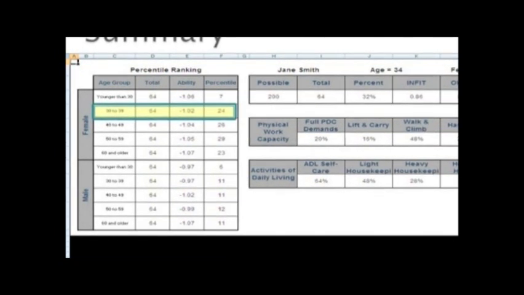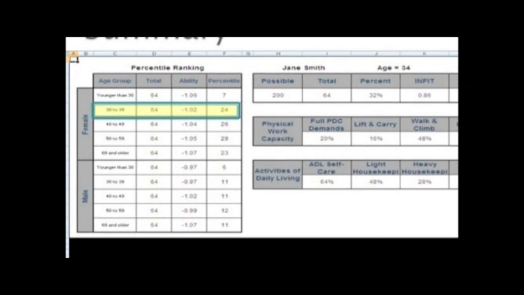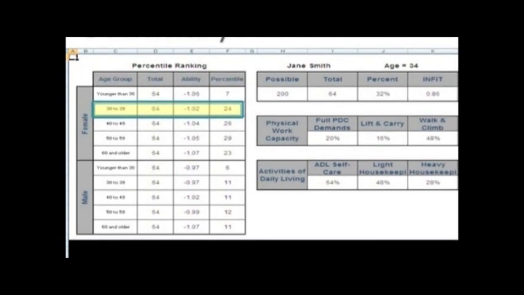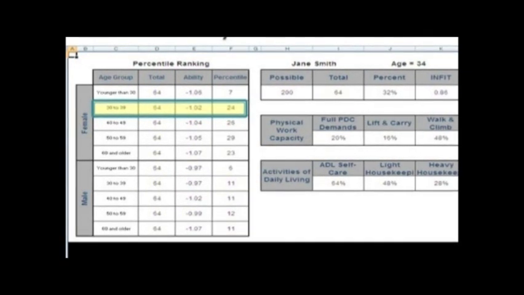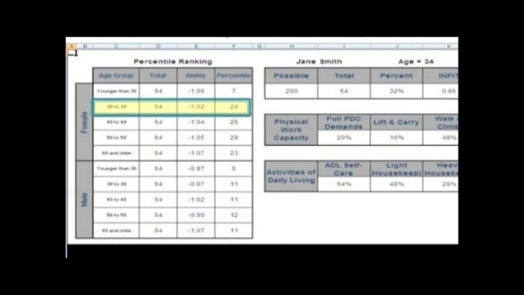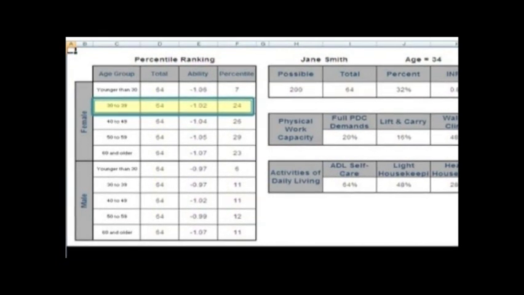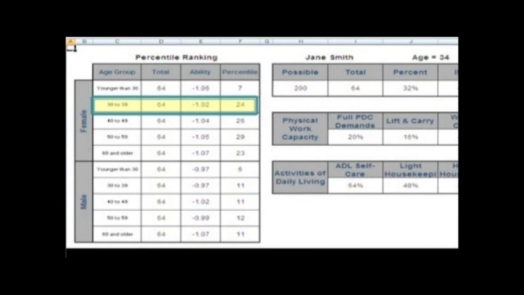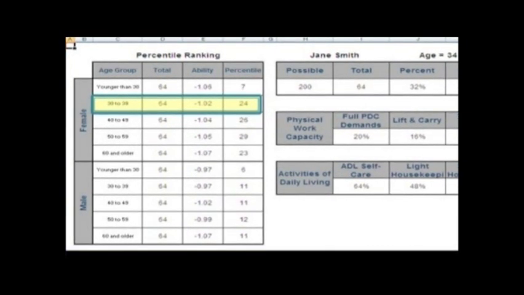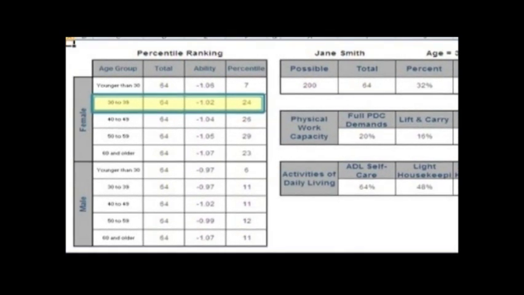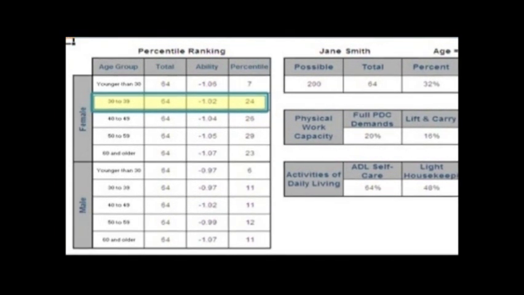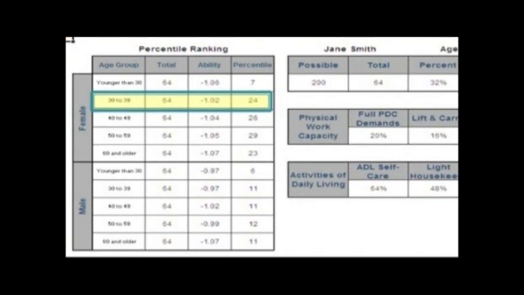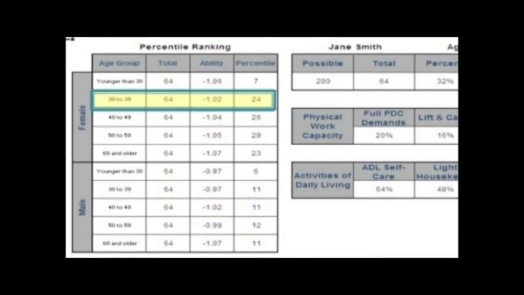Notice that the same total score gives a different ability rating and percentile ranking depending upon each age and gender category. The ability rating ranges from approximately -7 to +7 depending on the age and gender category. For all of the categories, an ability rating of 0 is the median.